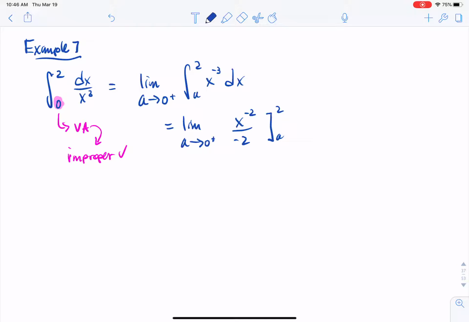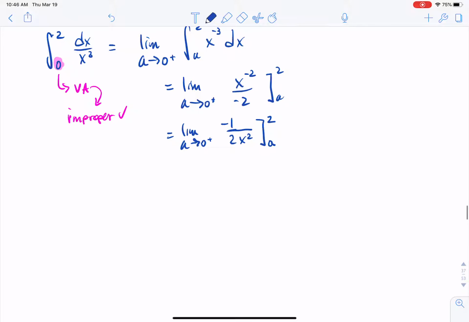Maybe do a little bit of rewriting here. I'll just take out this negative 1/2, so x to the negative 2, again from a to 2. Now we're ready to evaluate it FTC style.